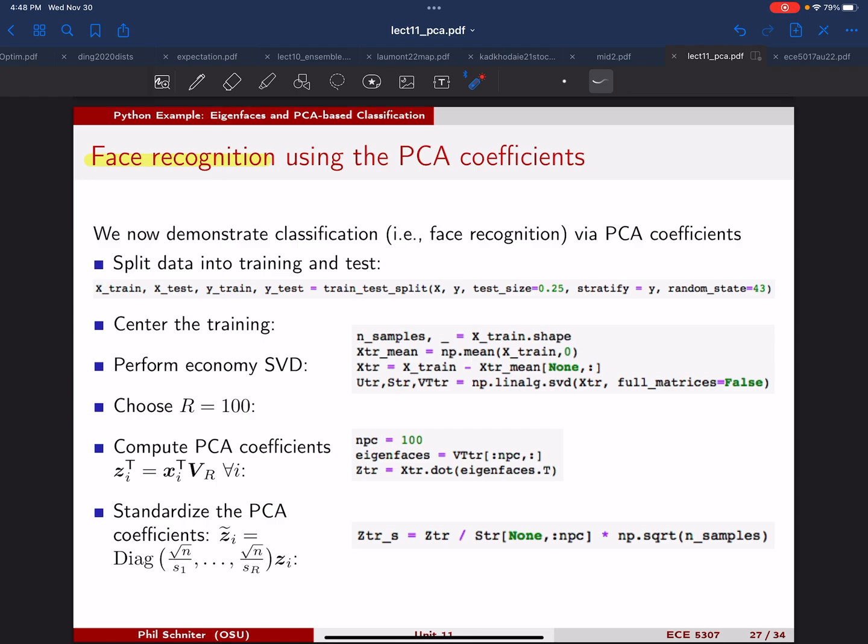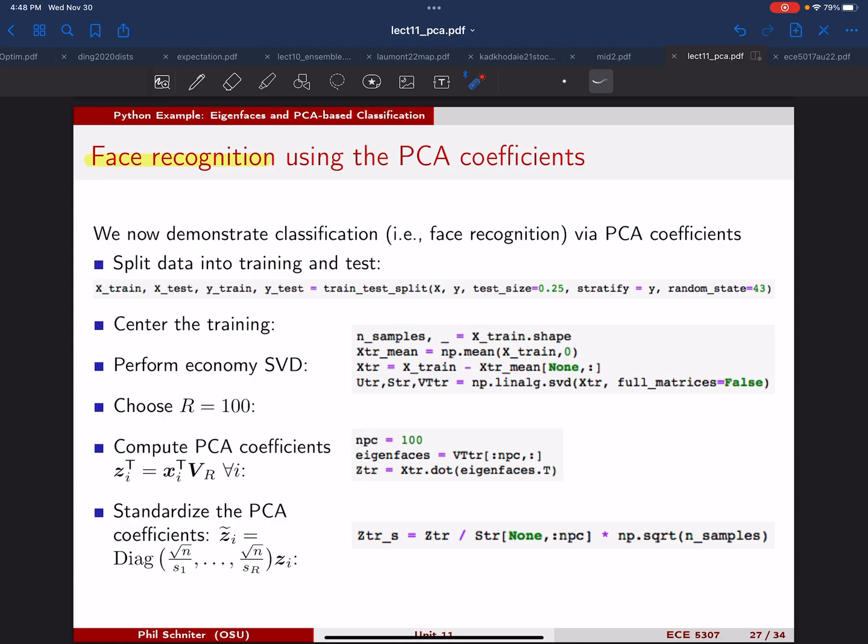Then we get ready to do our PCA by computing the economy SVD of the training data, U, S, V transpose. Our eigenfaces are just this dictionary matrix, the V transpose from the training data. Here I'm going to choose 100 as the rank of the approximation. So I'm just going to choose the first 100 rows of V transpose, which is like the first 100 columns of V.